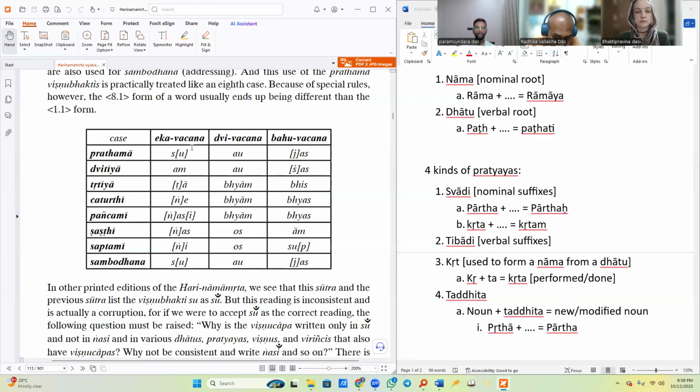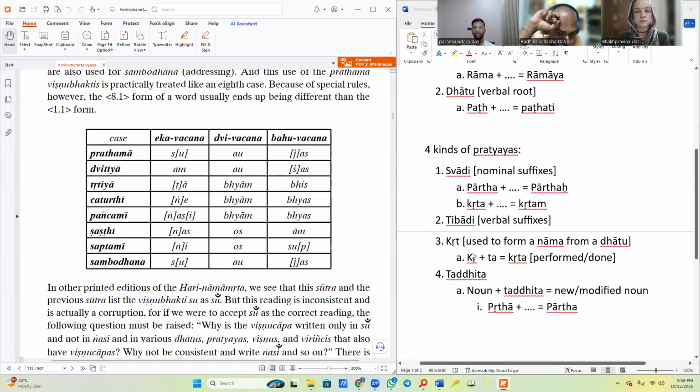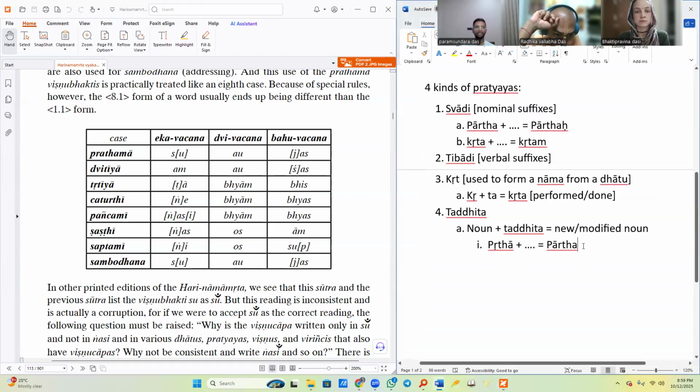Now, if you can see some of these pratyayas here, they have some letters inside those brackets, like the u of Su, the j of Jas, the t of Ta, and so on. Why are they given special protection, you can say?